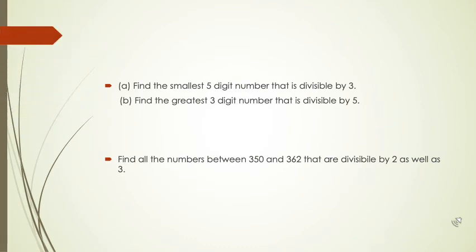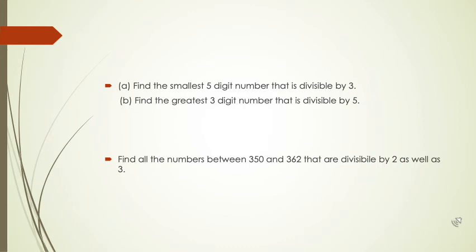The next example is: find the smallest 5-digit number that is divisible by 3. So the smallest 5-digit number is 10,000. The sum of its digits is 1. The next sum that is divisible by 3 is 3. So the number to be added to 10,000 is 3 minus 1 equals 2.